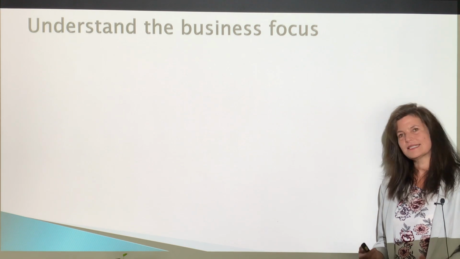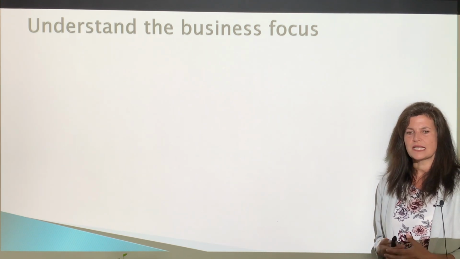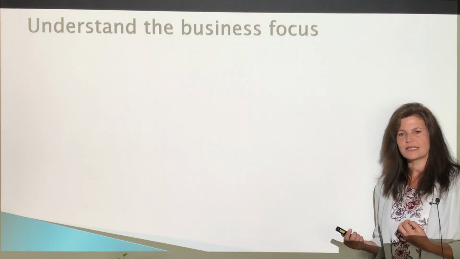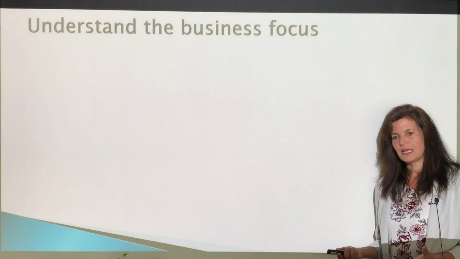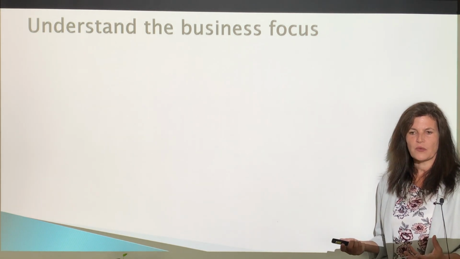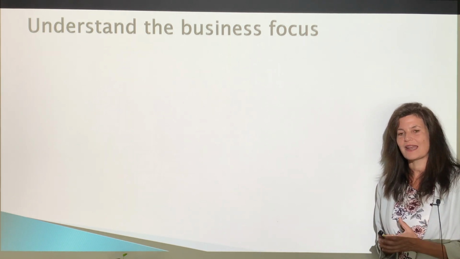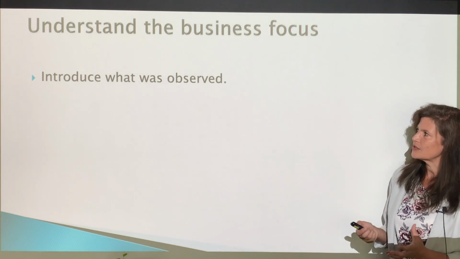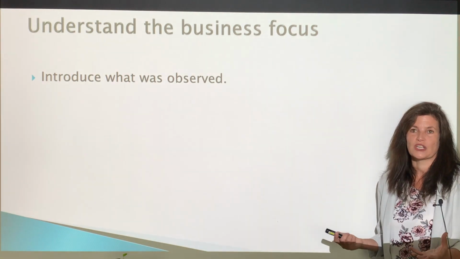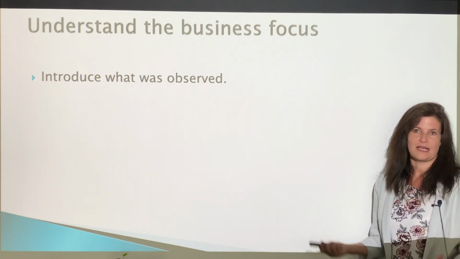So when the organization was smaller, it was easy for us to follow up on every single application and work with the citizens to determine their income. Now that we have grown and we're serving a greater population, we are wondering if it makes sense to go that extra mile. So what I like to do is I introduce what's been observed, sort of what the team has talked about.